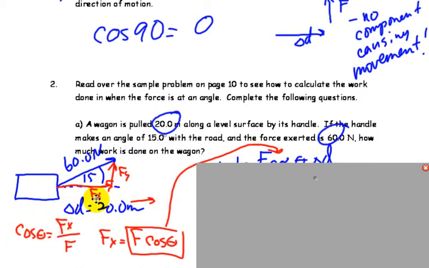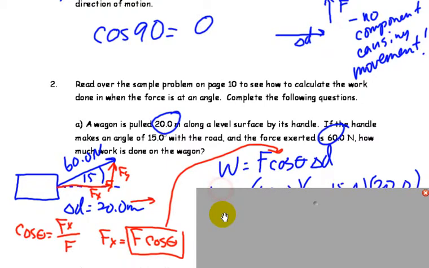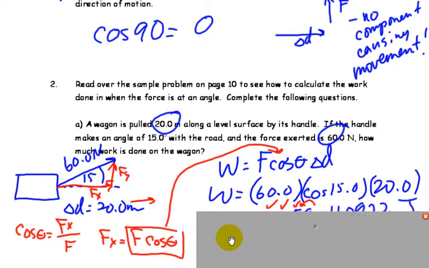From earlier, cos theta is Fx over F. Solving for Fx, F times cos theta. As mentioned, we can use it all the time. Instead of work equals Fd, we could make it work equals F cos theta d, and then we'll be able to handle all angles involved.